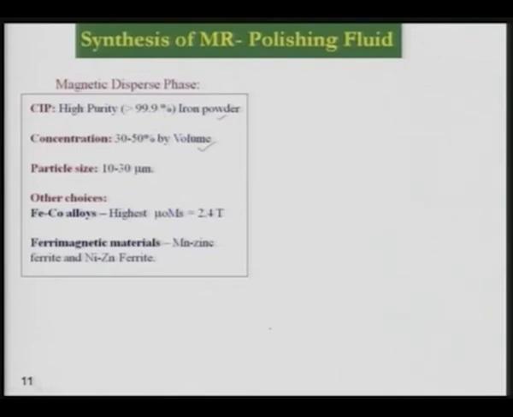Particle size varies from 10 to 30 micron, and other choices in place of carbonyl iron particles are very expensive. Then you can use iron cobalt alloy, and the other one is ferrimagnetic materials like manganese zinc ferrite and nickel zinc ferrite. These are the different alternatives. So you have to choose the one depending upon the cost as well as the magnetic properties.